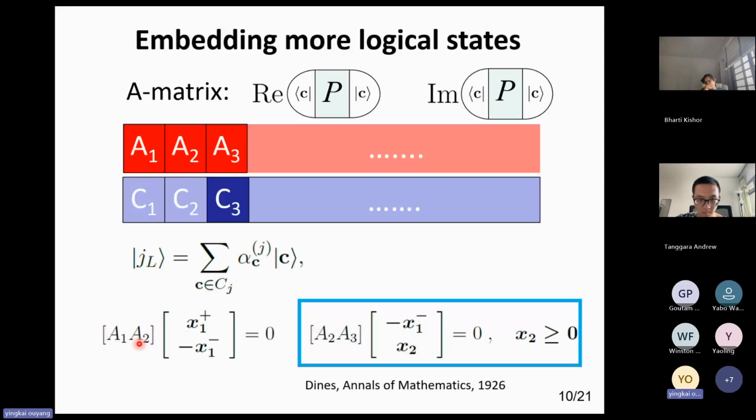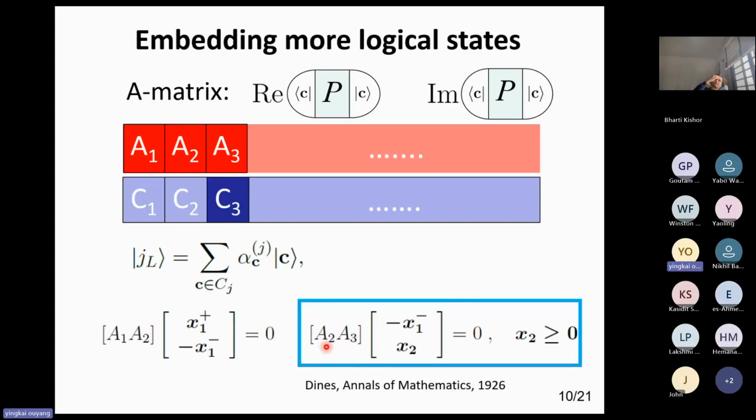So previously we had the condition that the A matrix multiplies x equals 0, but there was a positive part of the x vector and a negative part of the x vector over here. So what you would like is a similar condition for the A2 matrix, since you're making the third logical code word.